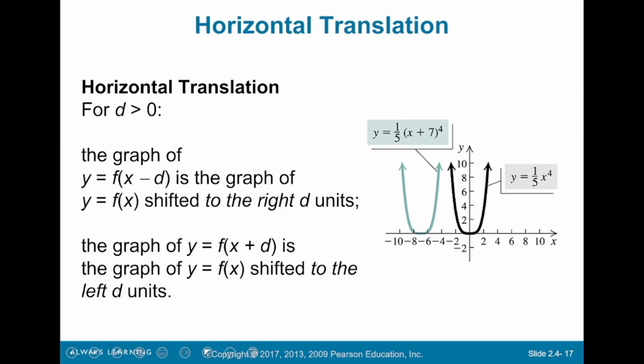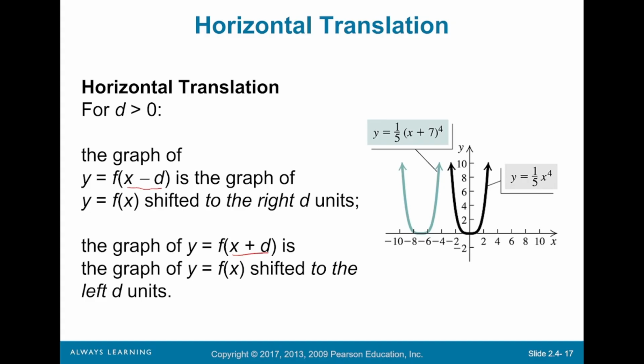We can also have horizontal translations. So if I have some d value and I want to move left or right, well, I can take my function and I can subtract d from x, and that's going to move me to the right, okay? Now, if I take my function and add d to my x value, so notice that's inside the parentheses, I'm actually shifting to the left.